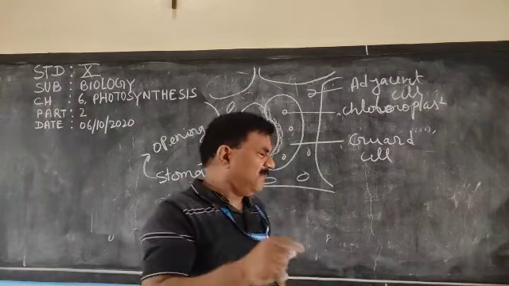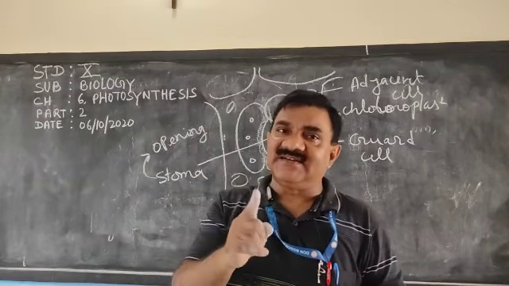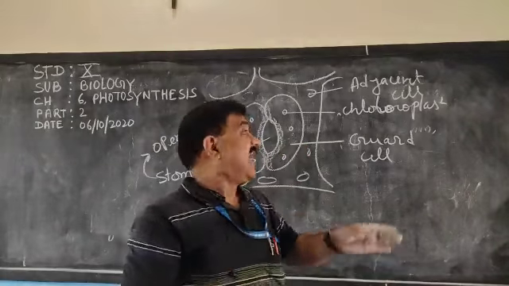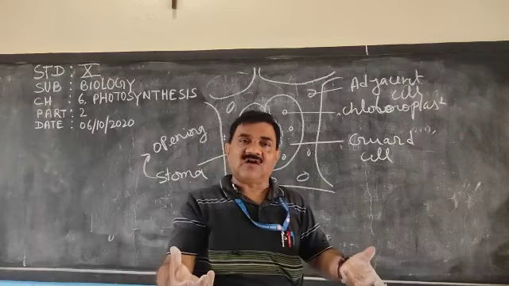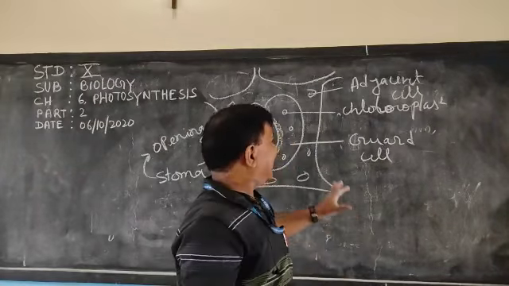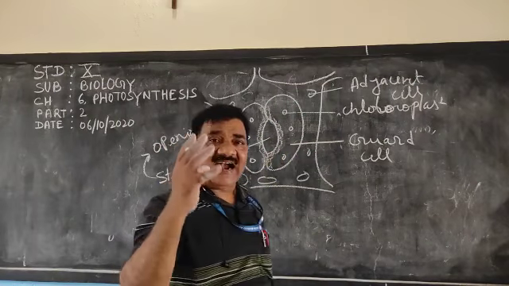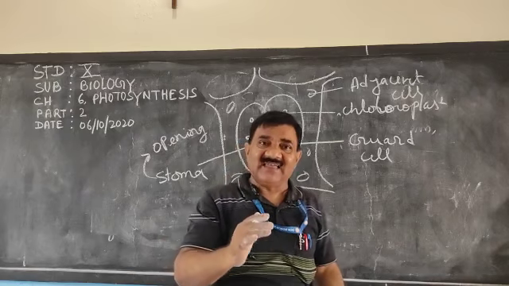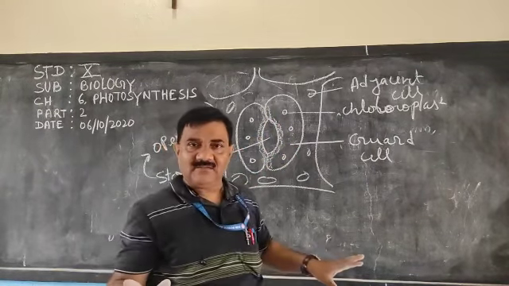Means opening and closing of a stomata depends on the turgidity of the guard cell. And how will the guard cell become turgid? When it contains a sufficient amount of water. If sufficient water is present in the guard cell, then only the guard cell will become turgid. And when the guard cell becomes turgid, the stoma will open.